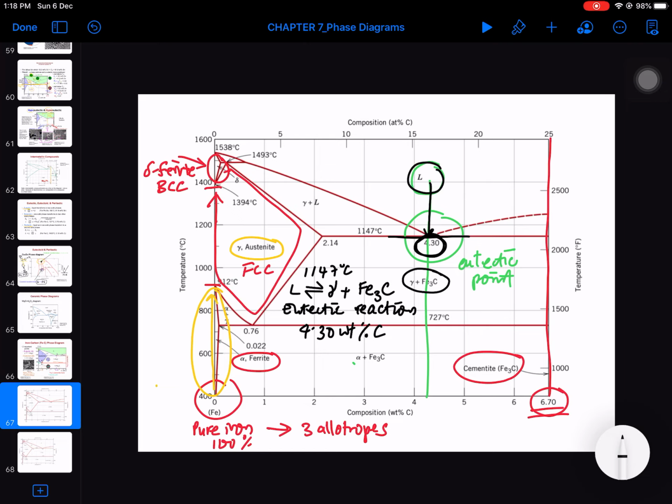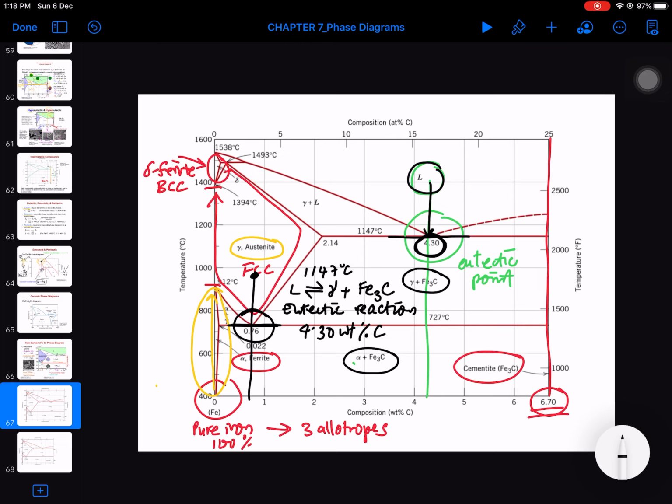And the second one is here, this point. So if we look at the line here, if we go along the line upon cooling, that means from, let's say, this region of austenite, once it passes this particular line of temperature, austenite will change into alpha ferrite plus cementite.